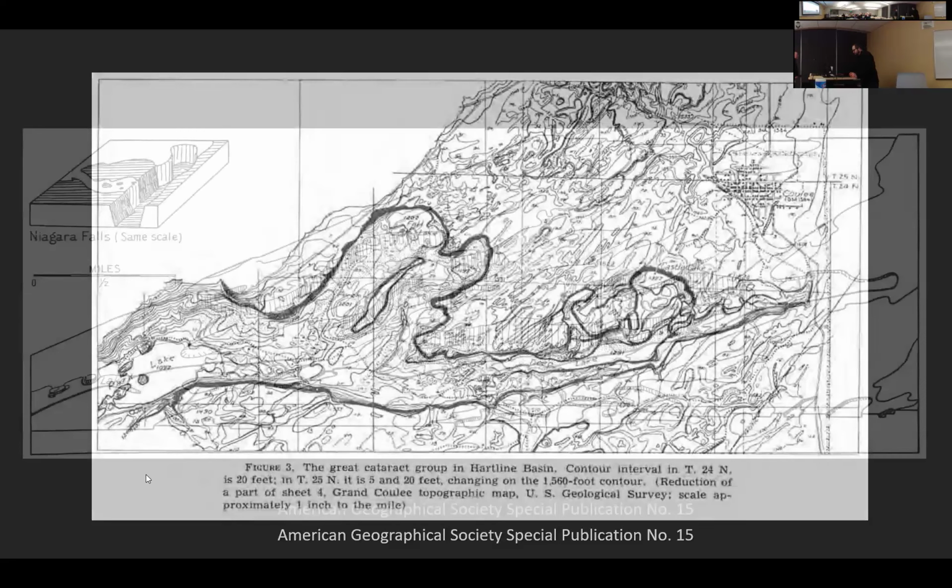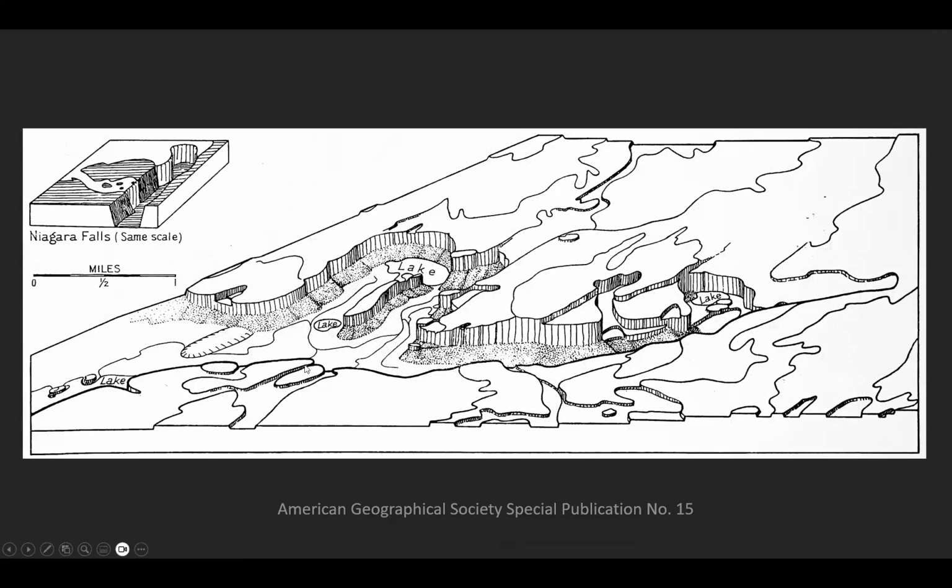Okay, we're good. And this is a depiction that J. Harlan Bretz, who many of you may know, created. It is a sketch, a block diagram of Dry Falls. The goal of this depiction was to compare the scale of Dry Falls to Niagara Falls, which he has pictured on the upper left.